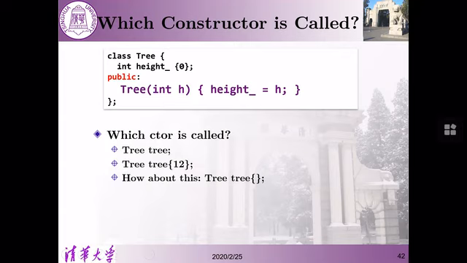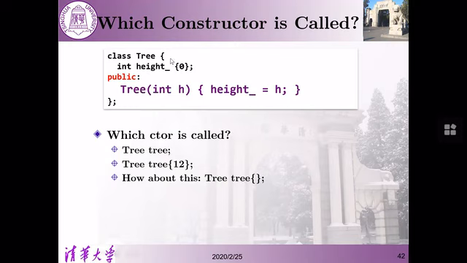Now, which constructor is called for this? We have class Tree, and there is one constructor defined, no default constructor. We just learned that if we define a constructor, no matter what kind it is, the compiler will not generate the default one.